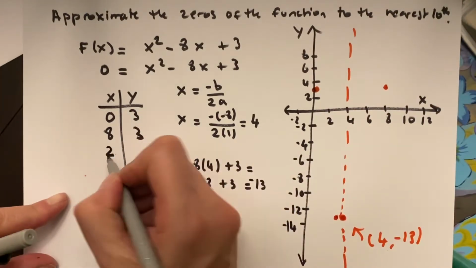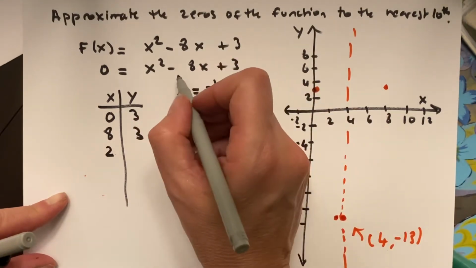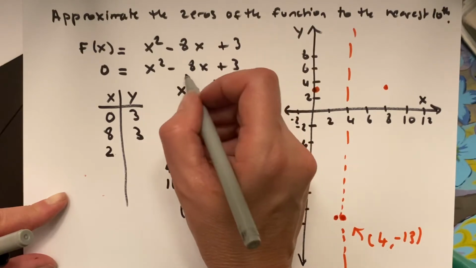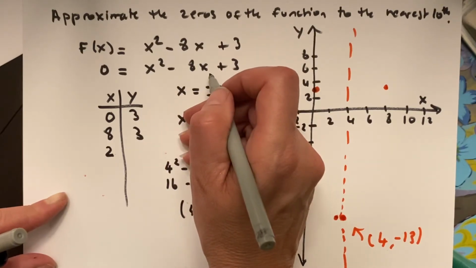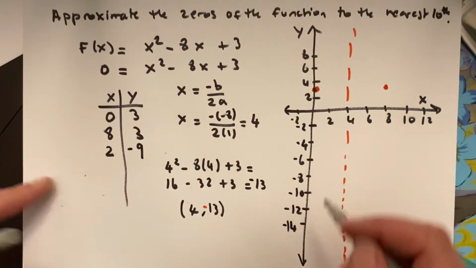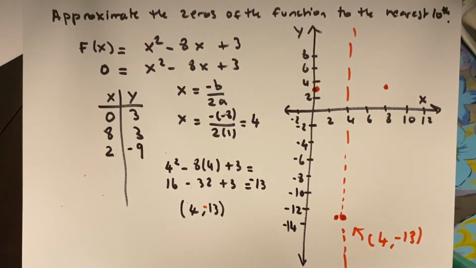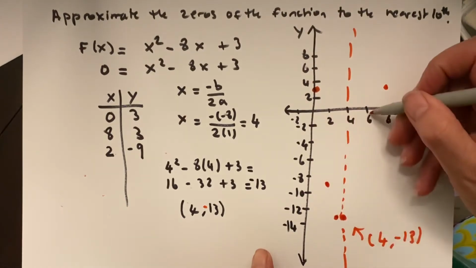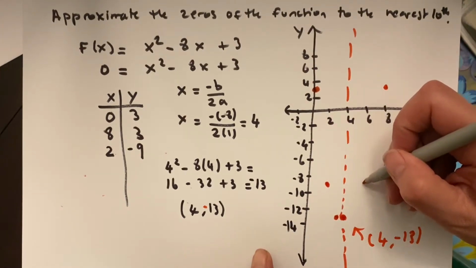So I'm going to put in a 2. 2 squared minus 2 times 8. So 4 minus 16 is negative 12. Plus 3 is negative 9. So if it's 2 and negative 9, I'm going to have it right here. And the mirror image is bound to be here.